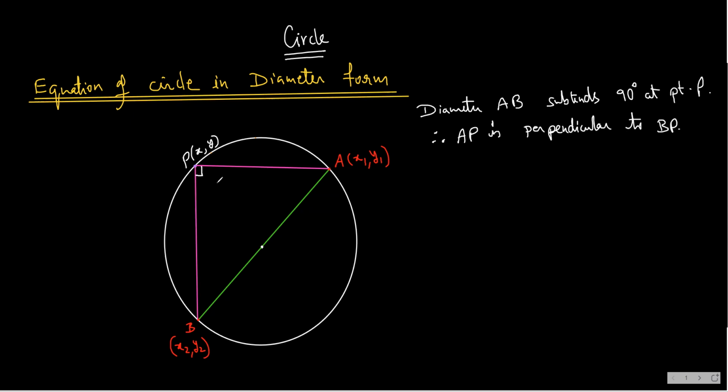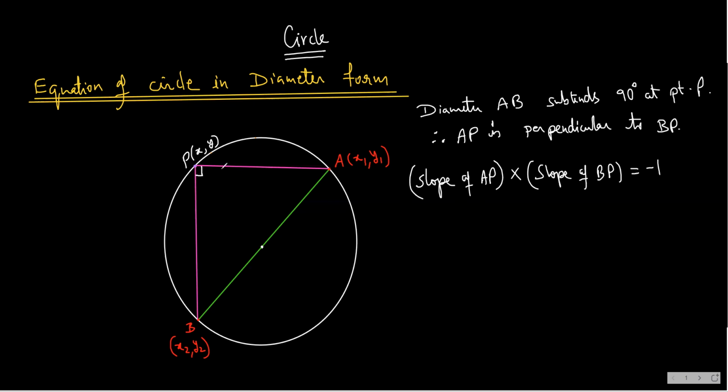So what will happen? If AP is perpendicular to BP, then slope of AP multiplied by slope of BP is equal to -1.